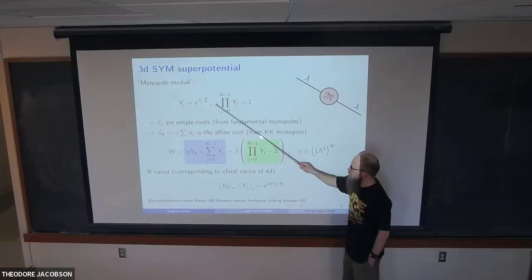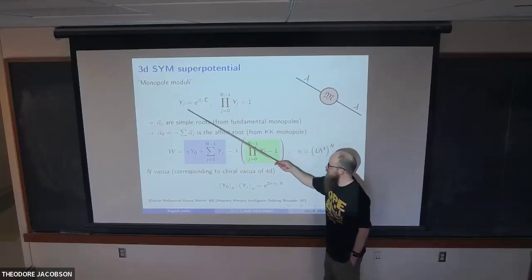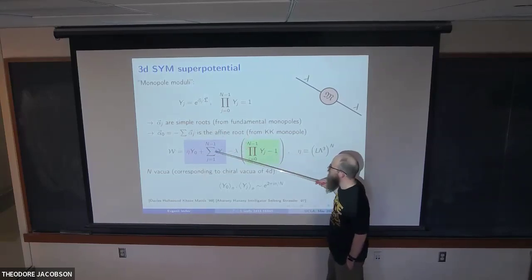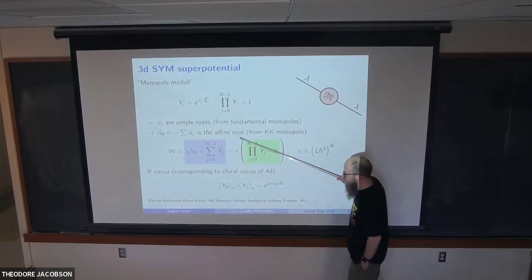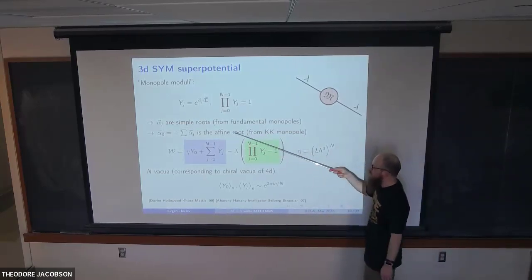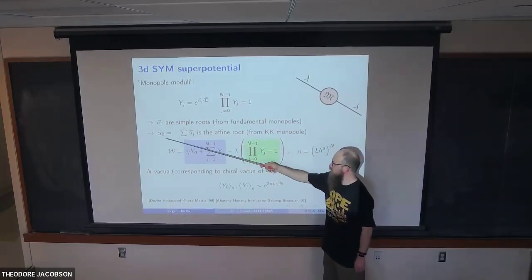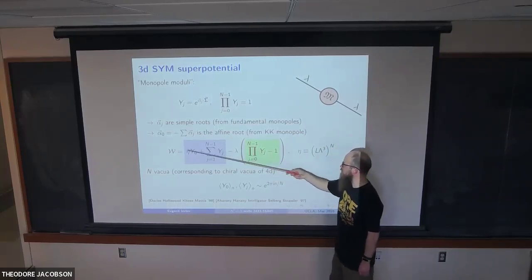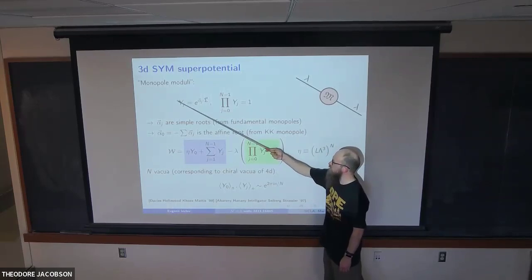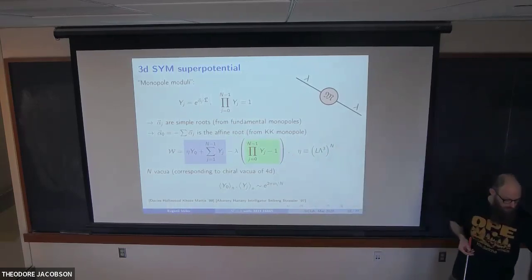So roughly speaking, you can think of them as just complex variables, but mathematically speaking, for a gauge group SU(N), you have simple roots, and then you have minus the sum of all the roots, which is called the affine root, and for each of these roots you have a different modulus.